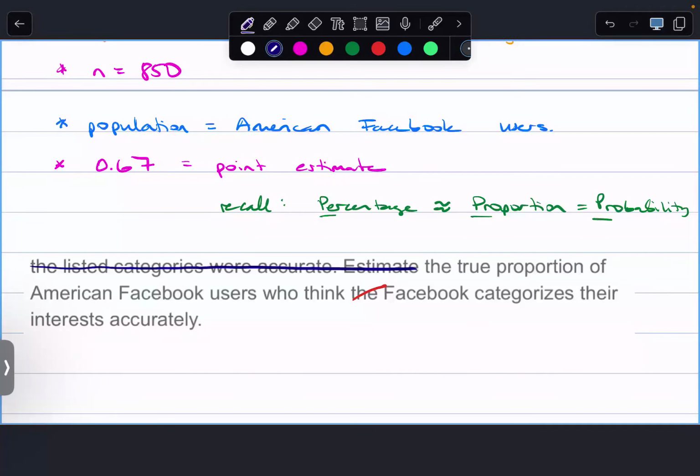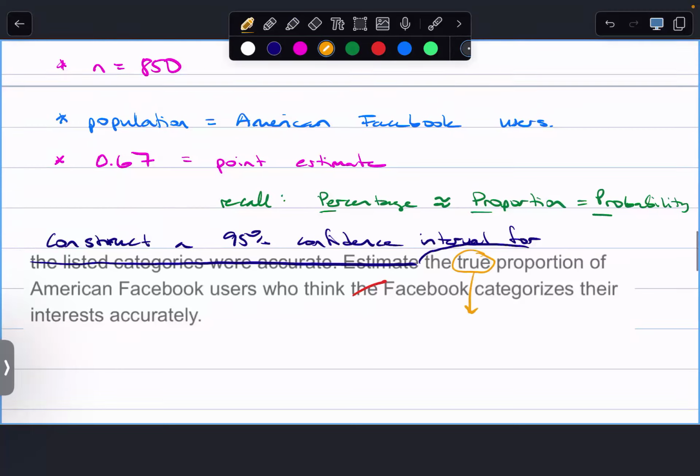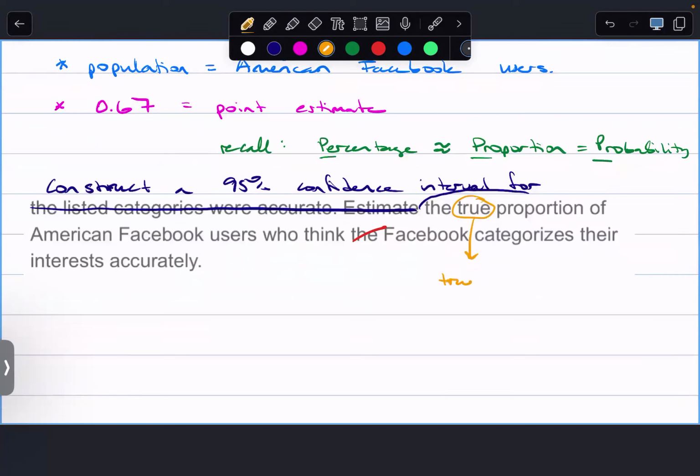So here, what I would say is construct a 95% confidence interval for the true proportion. Now, the true proportion tells me that I want to be talking about the population proportion. So the true proportion here is the population proportion.